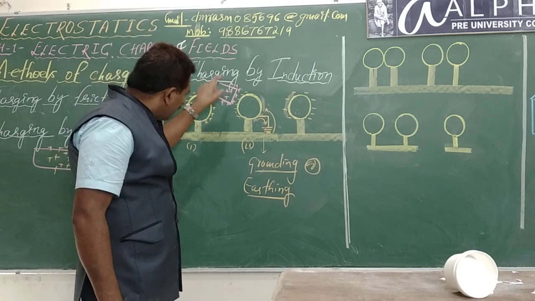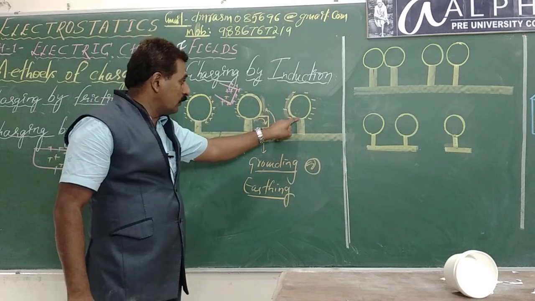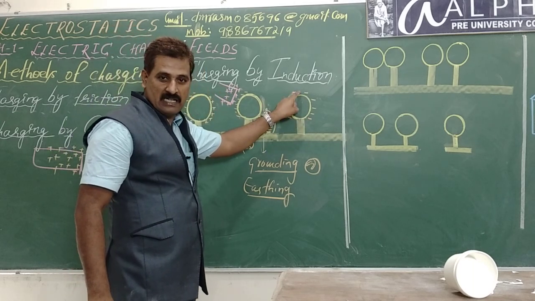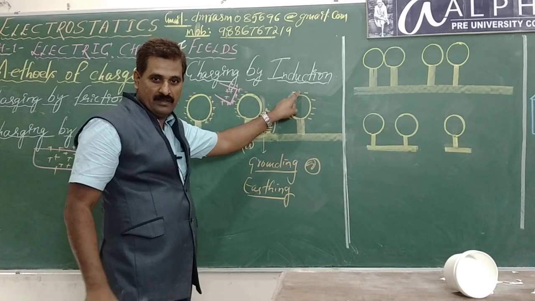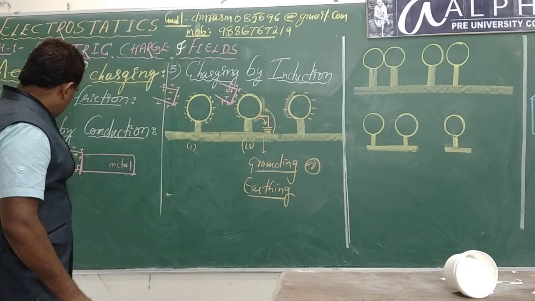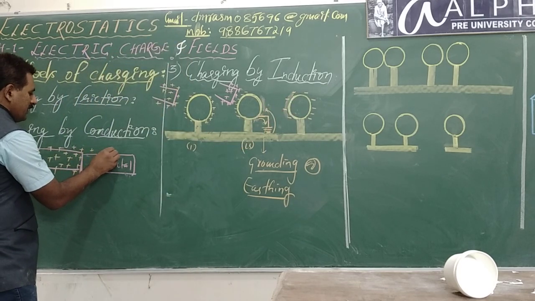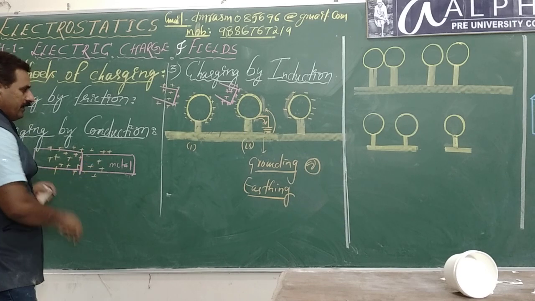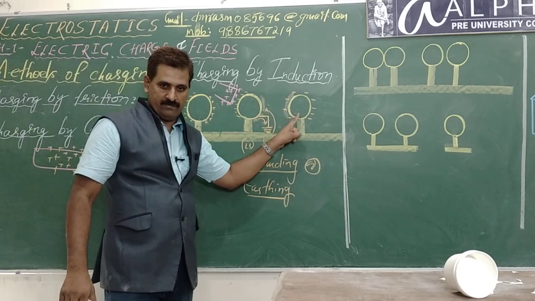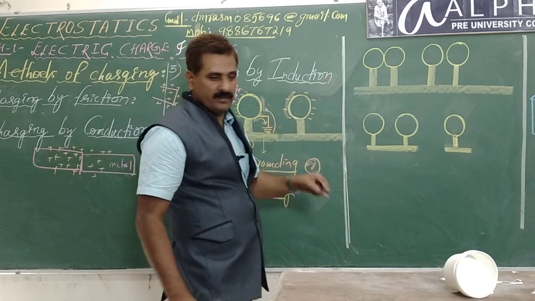When you bring a positively charged body, you can induce opposite-nature charges, negative. Here the same nature, positive, comes over here, but here the opposite nature. And the book explains one more thing that you see here.